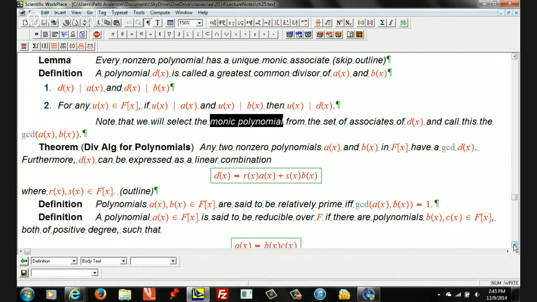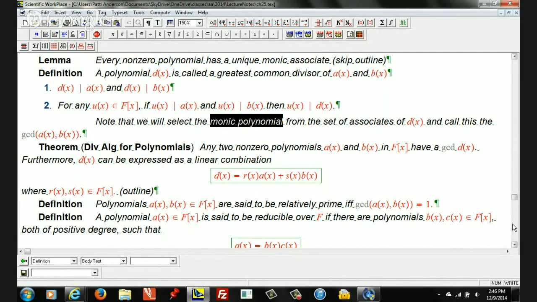And the only unique divisor would be the monic. When you say from the set of associates, does that just mean all constant multiples? Yes. If something is a greatest common divisor, then any constant multiple of it also is a greatest common divisor. So we choose the only unique one out of the set, and that would be the monic. You could have specified any leading coefficient as the one you want to choose, but we just chose 1 for the leading coefficient.